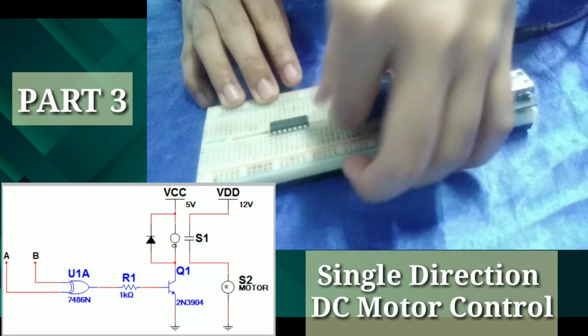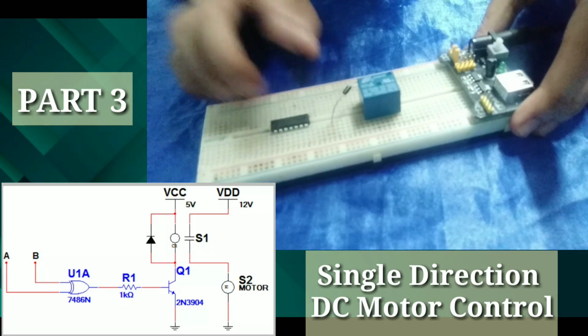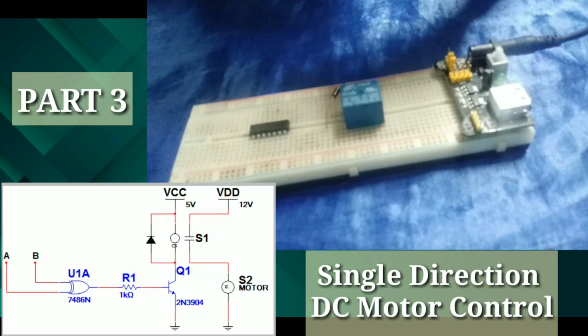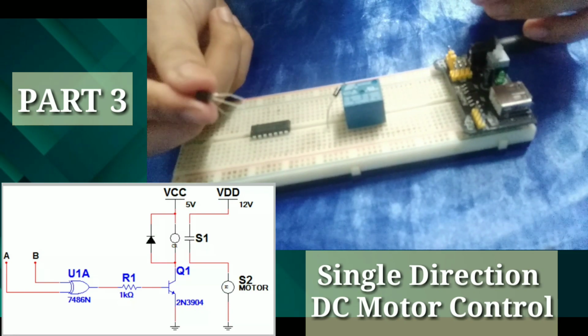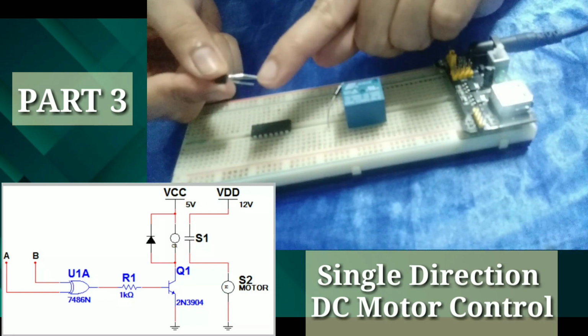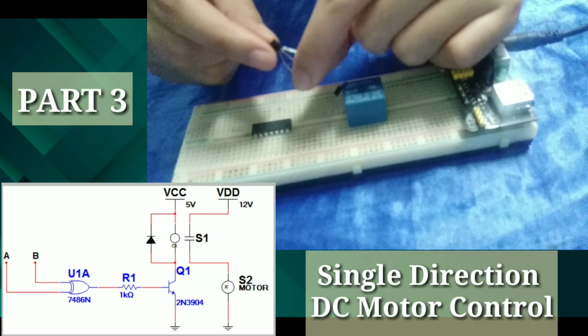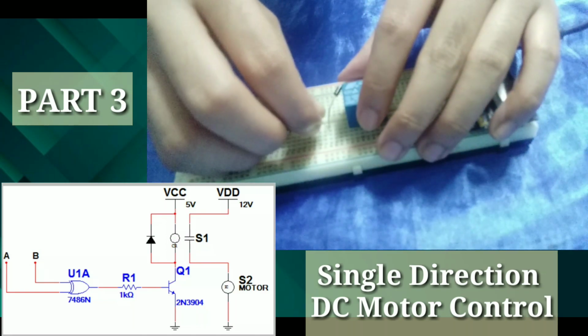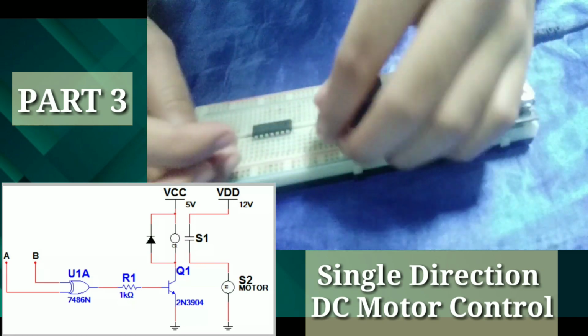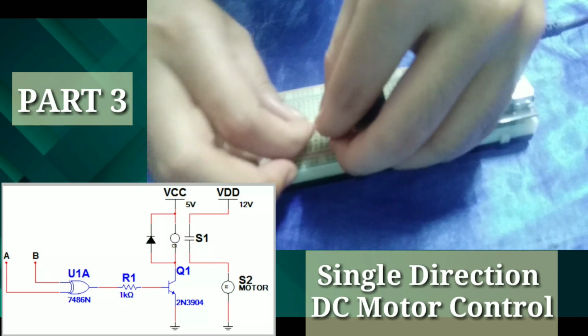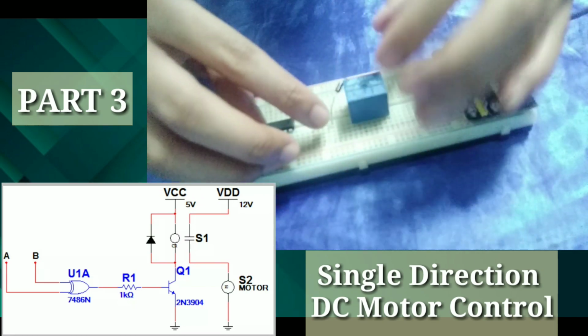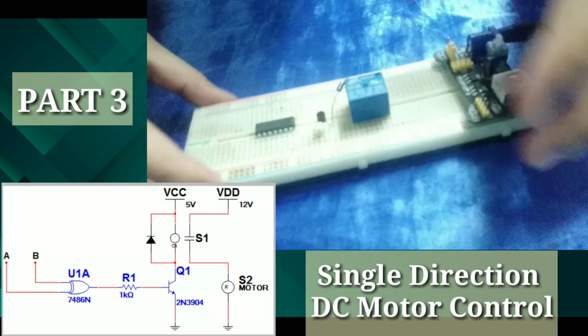And of course, do not forget our motor because it will serve as our indicator for our outputs. And of course, let's not forget our VCC, which is 5 volts, and our VDD, our 12 volt supply for our motor to spin as our output indicator.